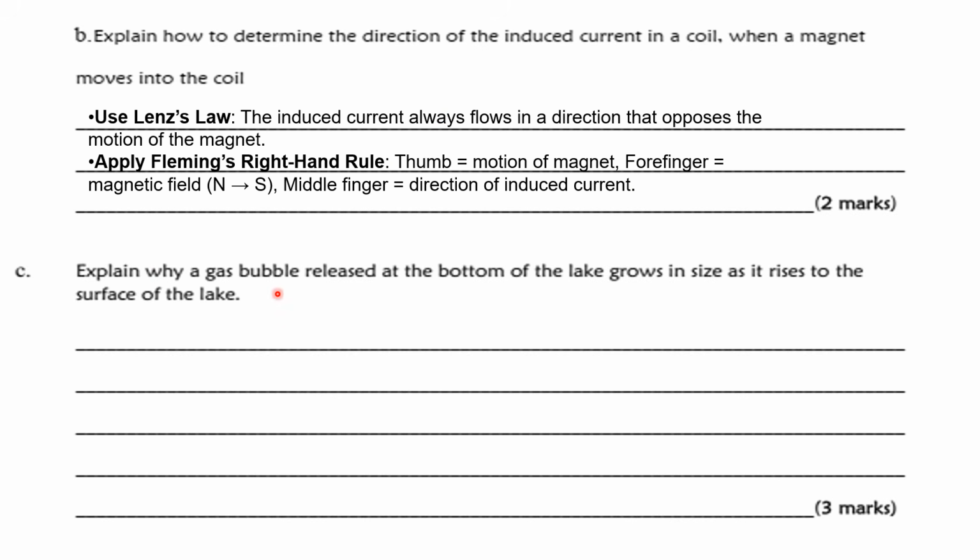Explain why a gas bubble released at the bottom of the lake grows in size as it rises to the surface of the lake. All right, let's suppose that we have a lake, with water in it. Of course, you'd expect the lake to have water in it. And then we have a bubble down here.